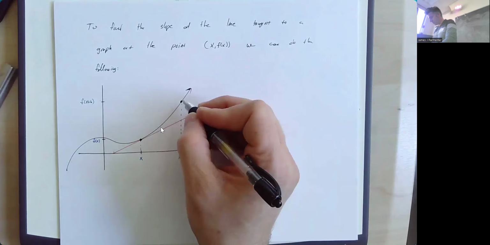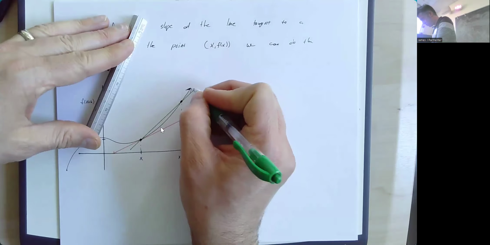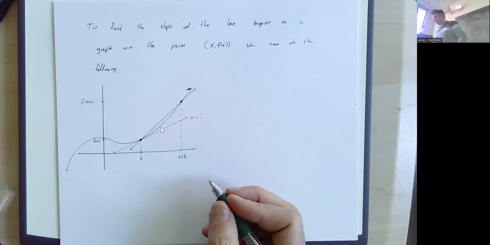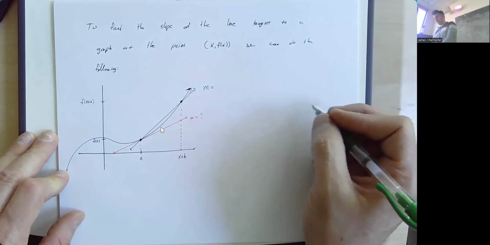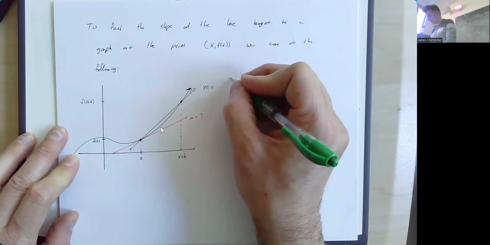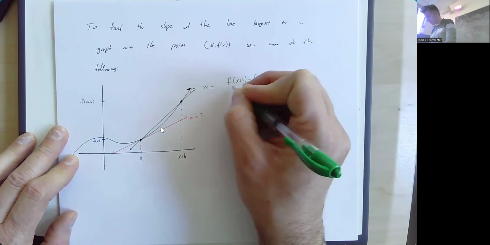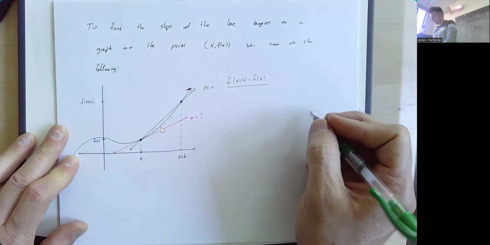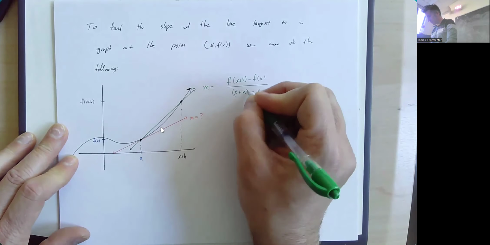And so this secant line, drawn in green, we know how to find the slope of that secant line. It's the difference in the y's, f of x plus h minus f of x, divided by the difference in the x's, x plus h minus x.